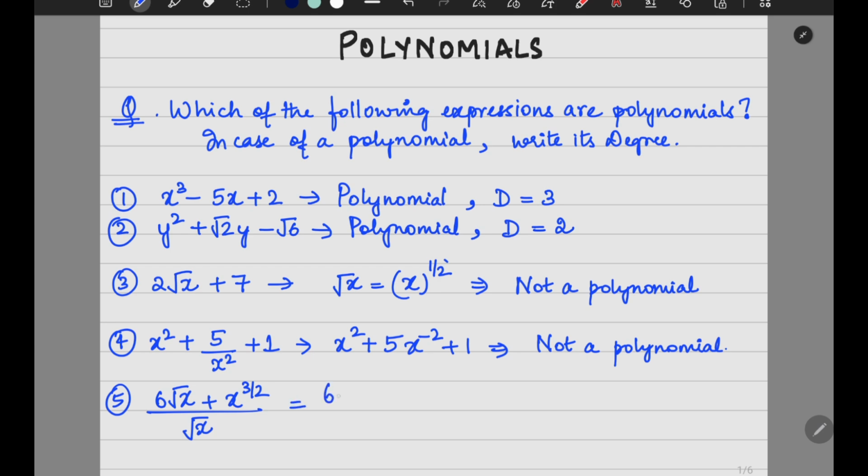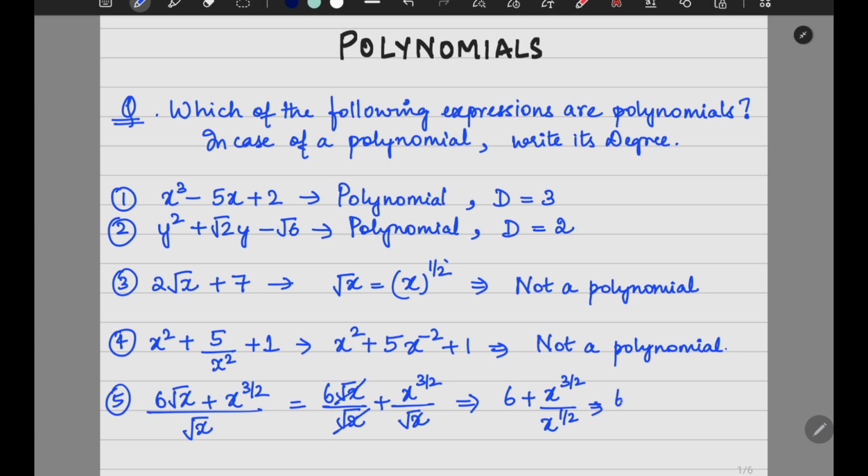So this will become 6 root x by root x, just split the denominator, plus x to the power 3 by 2 by root x. We know root x is nothing but x to the power 1 by 2. Here root x and root x would get cancelled. So this expression will become 6 plus x to the power 3 by 2 by x to the power 1 by 2 in the denominator.